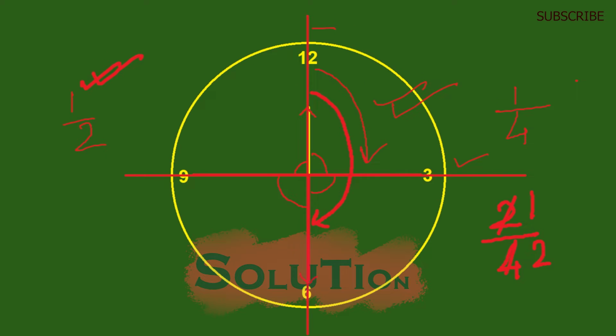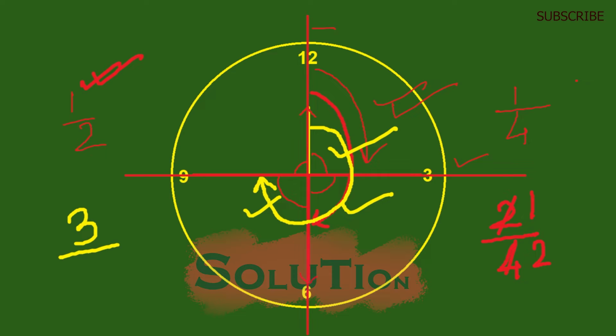Now what if it starts from 12 and reaches up to 9? Then it travels 1 part, 2 parts, and a 3rd part, so 3 parts out of 4 parts. When the minute hand travels up to 9, it travels 3/4 part.